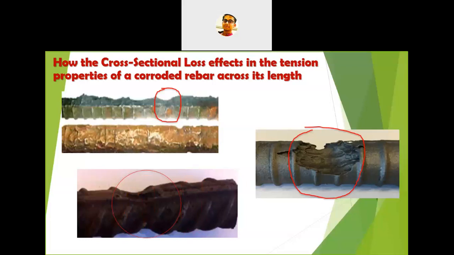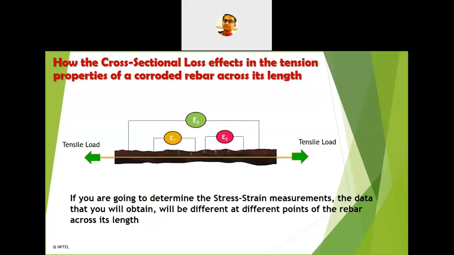Suppose from E1, that gauge, you take data and plot a curve, and from E2 you take some data and plot a curve, and the same for E3, you will get different graphs. The different graphs will show different properties or behaviors, but the test has been done on a single bar.